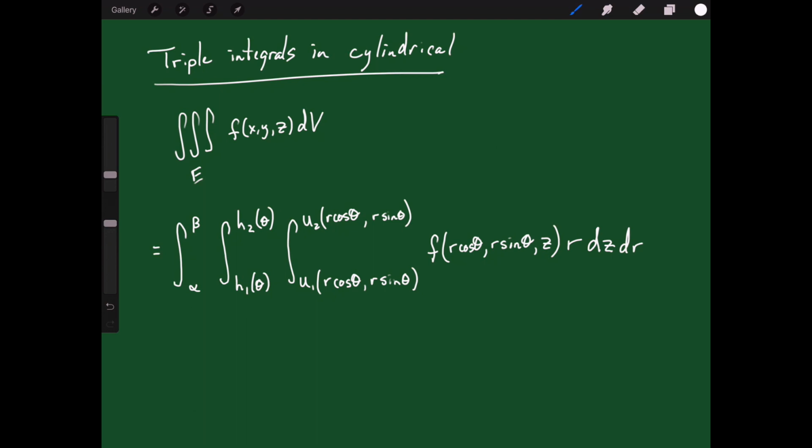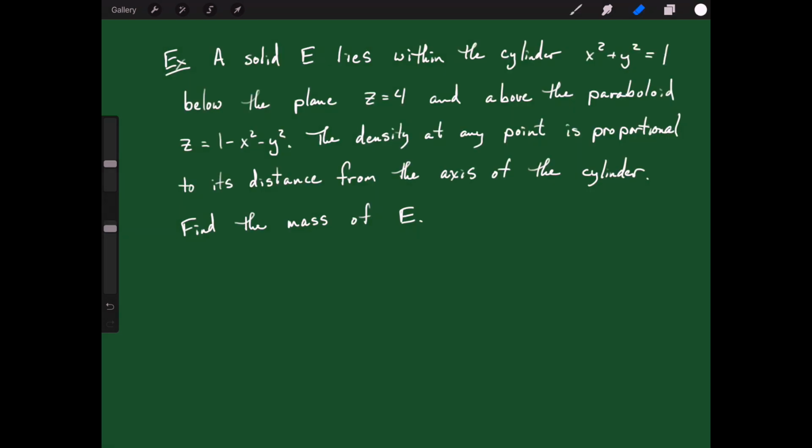Those are functions of theta. And then I'm integrating from a theta value to a theta value, so d theta. So this is the formula that I'm going to want to use if I'm doing a triple integral in cylindrical coordinates.